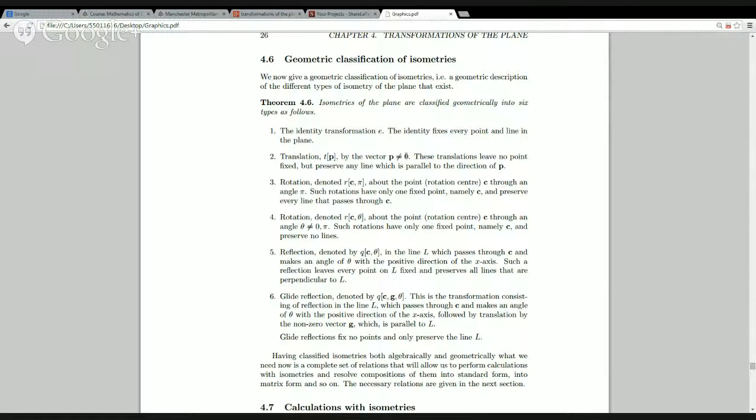Let's draw a separate little sketch for that. Here's our x and y axes. i has gone to this vector here, and j has come down to this vector here.